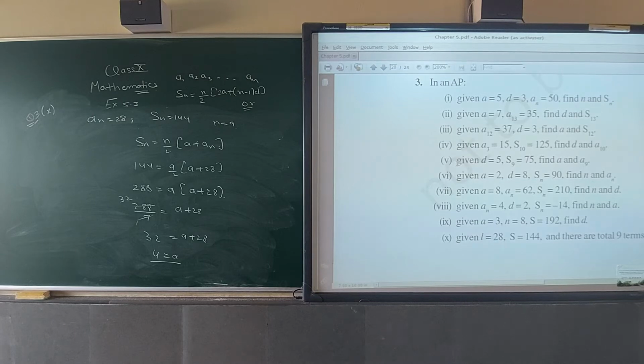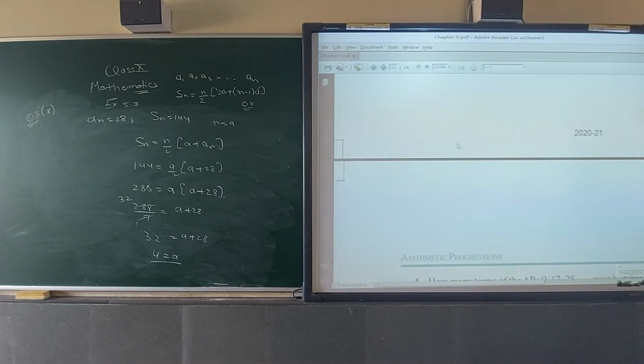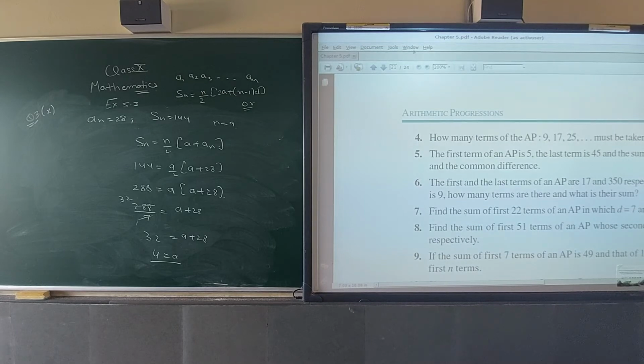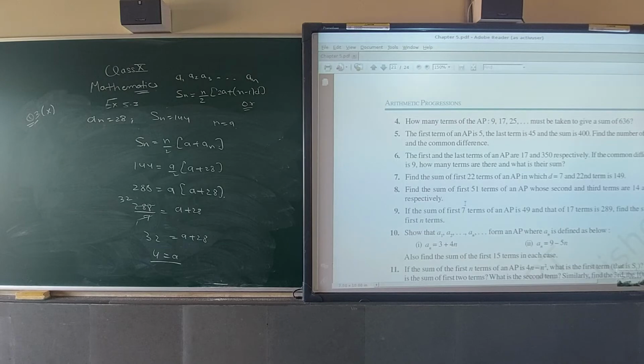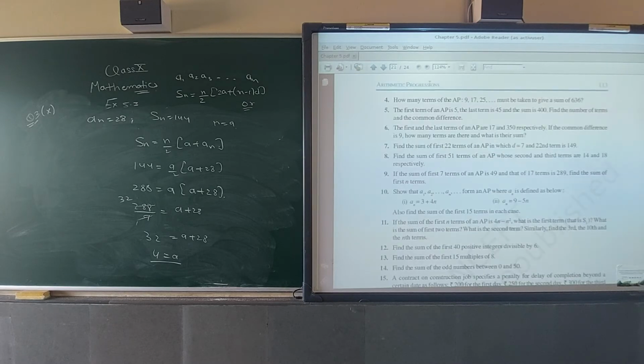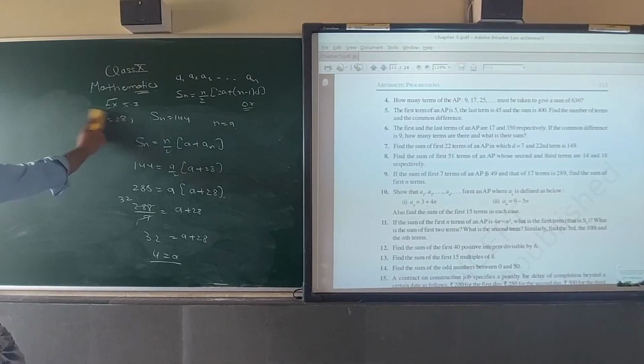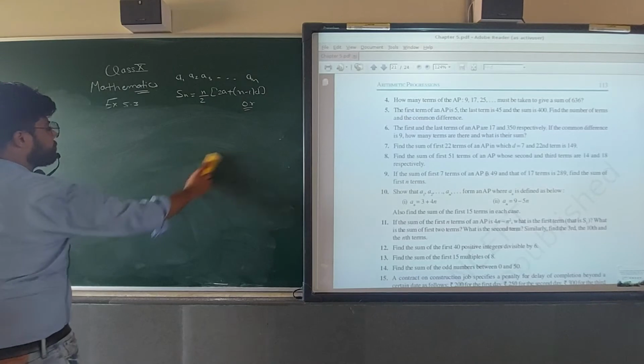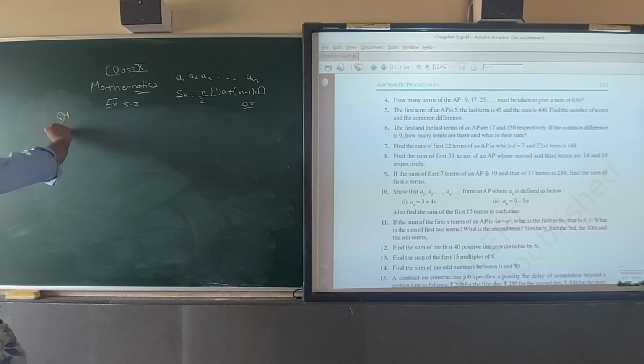Now we move to question number 4th. Question number 4th is, how many terms of the AP 9, 17, 25 must be taken to give the sum 636.